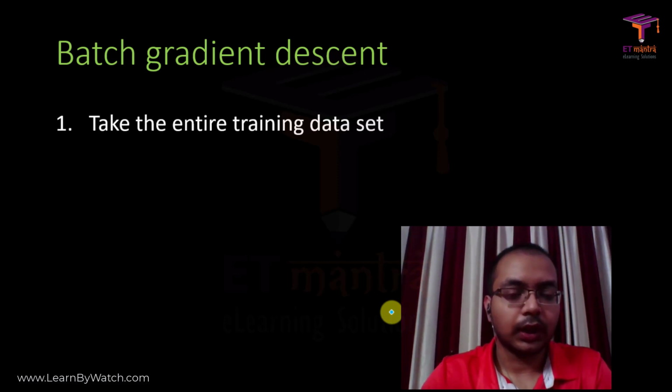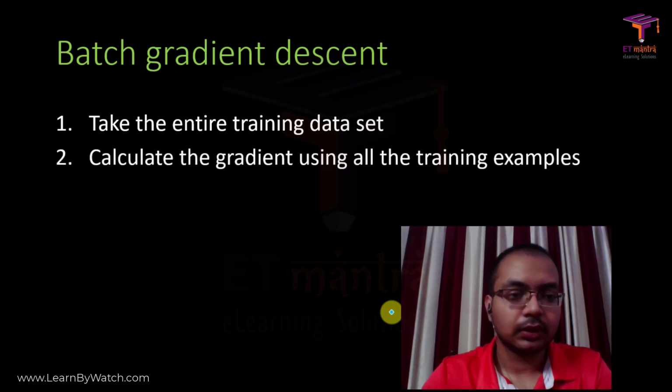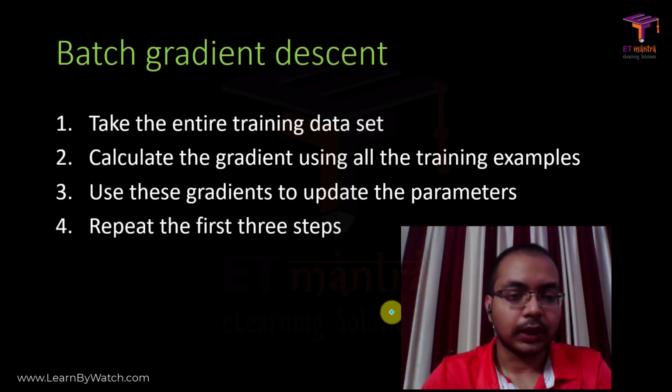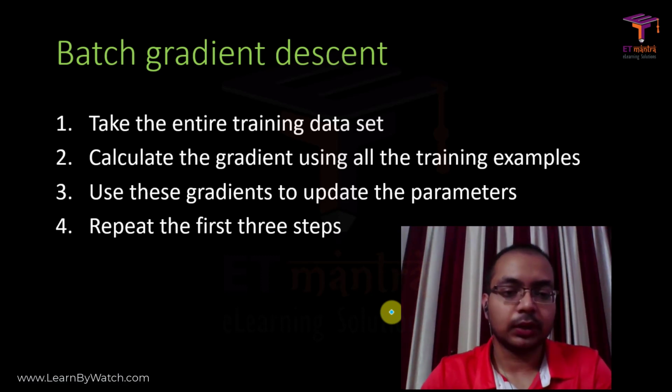What we do is we take the entire training data set, we calculate the gradients using the training examples, we have the formulas for that, and using those we update the parameters, which is the theta vector, and then we again repeat these first three steps until we get a considerably low value of the cost function.